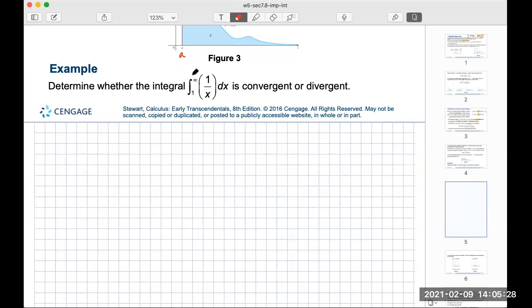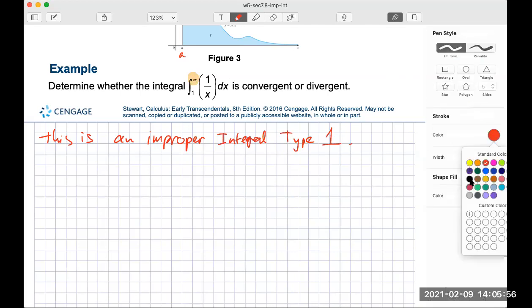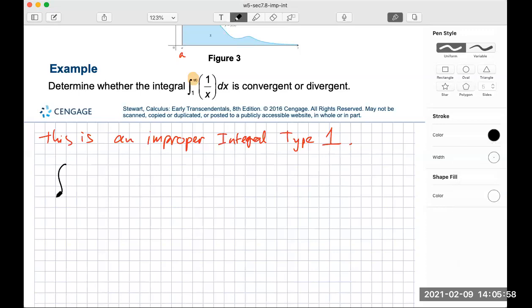Therefore, from the definition, we can write this integral in limit terms.